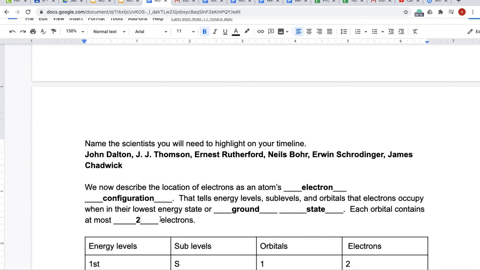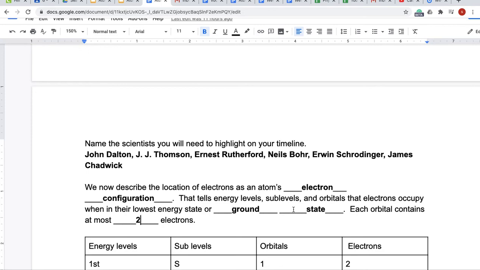As I was stating earlier, you can now describe the location of electrons as an atom's electron configuration. Where the orbitals are makes up the electron configuration. The electron configuration talks about the energy levels, sublevels, and orbitals that electrons occupy in their lowest energy state, or ground state.